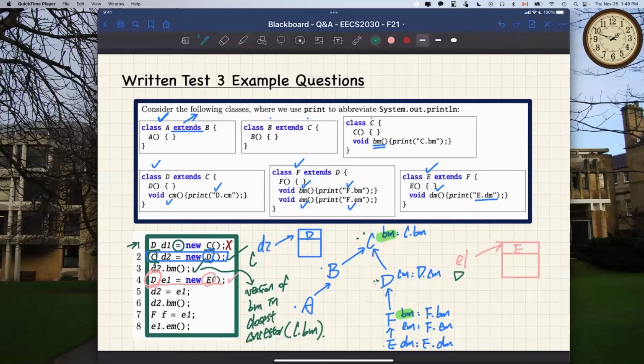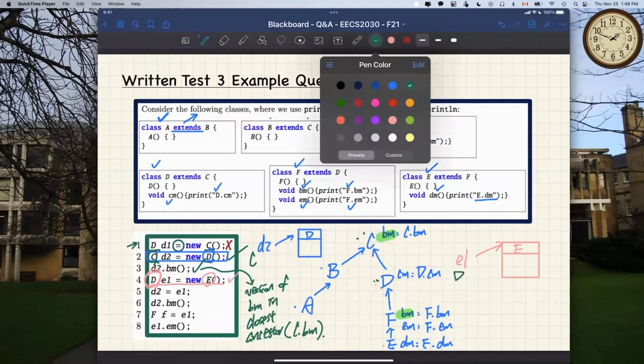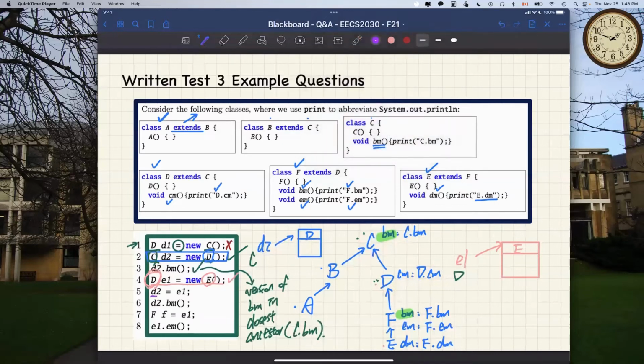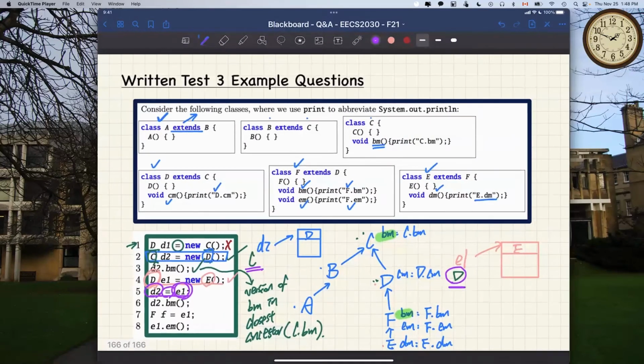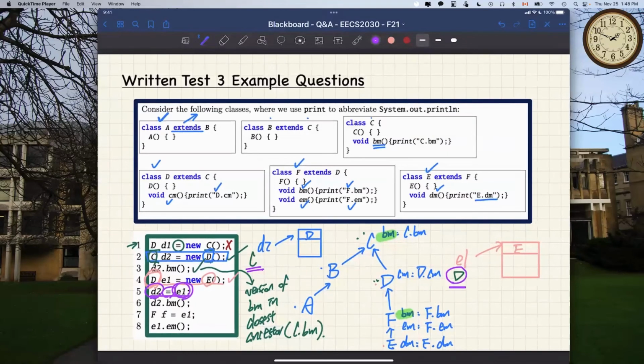Now let's take a look at the next one. We want to do D2 is assigned to E1. The rule of substitution tells us to look at the static type for E1. What is the static type for E1? D. What is the static type for D2? It is C. In order to do this assignment, you want to make sure the static type for E1, which is D, is a descendant class of the static type for D2, which is C. Is D a descendant class of C?